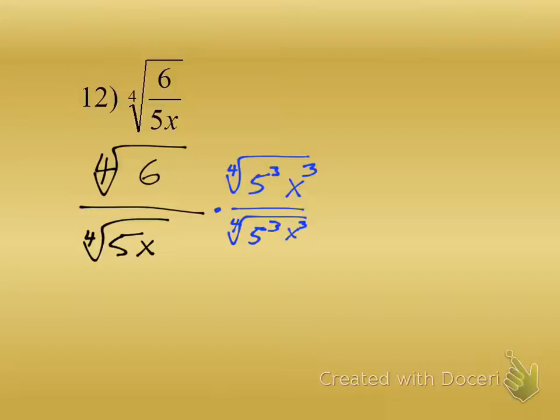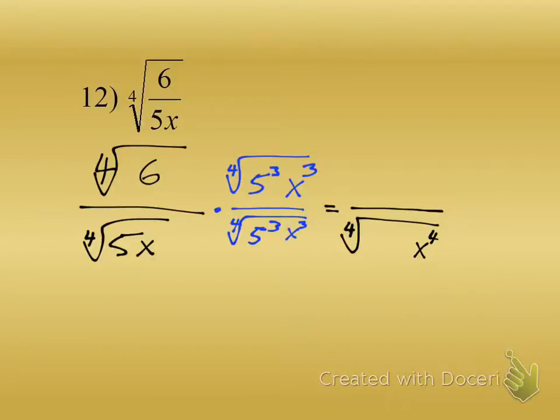So we're going to let our denominator dictate what we do. I'm going to do it a little odd just to make a point. So we're multiplying these fourth roots together. We'll have a fourth root. We already said x times x cubed gives us x to the fourth. What's 5 times 5 cubed? 5 to the fourth, also known as 625.